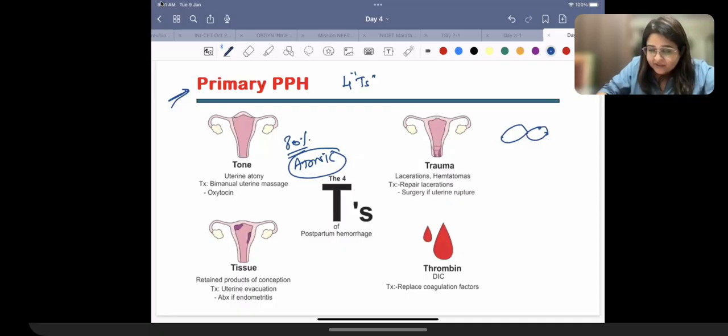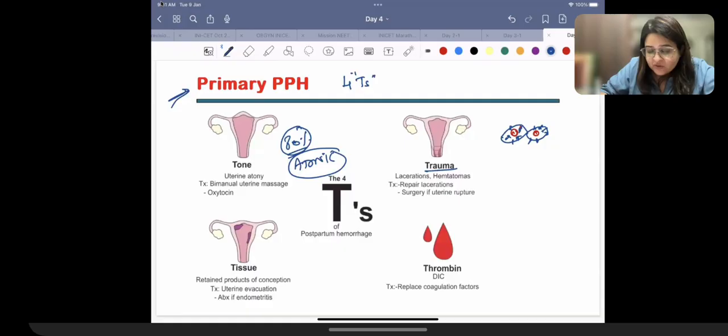The vessels in the myometrium are interlaced between the myometrial fibers. So when the myometrial fibers contract, the vessels get occluded. This is called the interlacing network of myometrial fibers. But if the uterus is not contracting, the bleeding will persist. So 80% of the cause of PPH is atonic PPH.